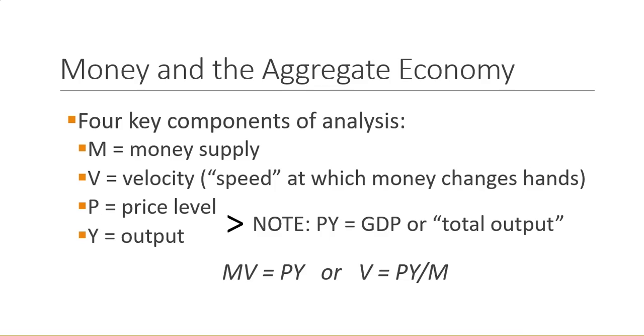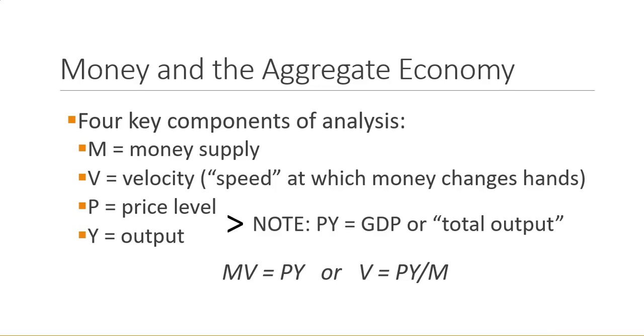So notice Y as a variable represents output, which is a unit number, not a dollar, not a financial amount. And when we multiply P and Y, we get total output, which is a financial amount.